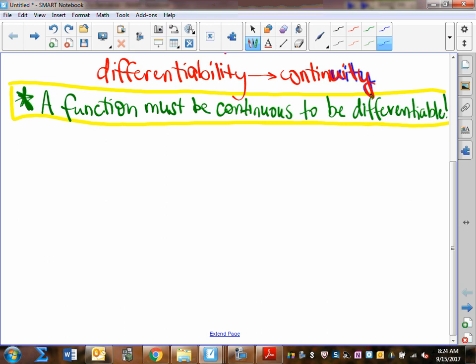Alright, so what does it mean then to be differentiable? We know that means you can take the derivative at that point. But how do we know we can take a derivative at that point?